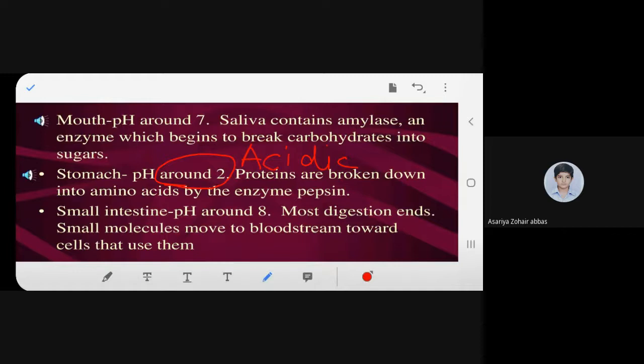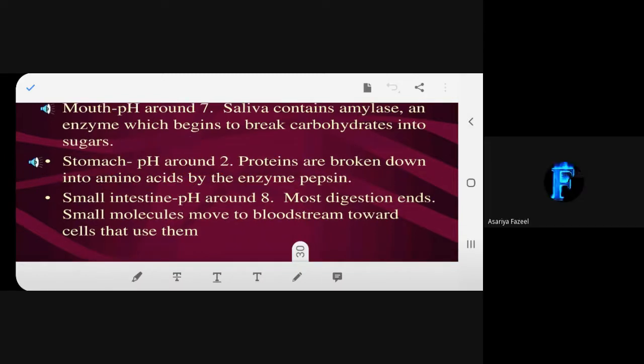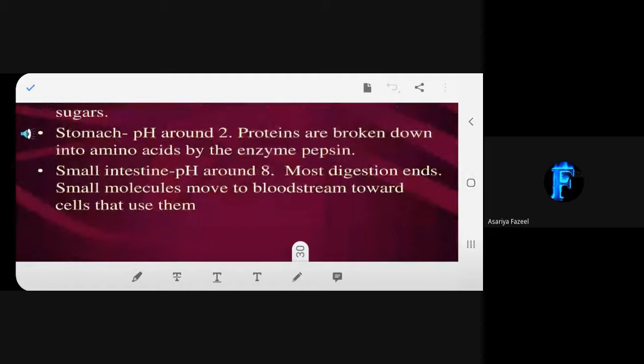Proteins are broken down into amino acids, and the chemical which is working is pepsin. Proteins, amino acids, pepsin, all P. The protein is complex, the amino acid is simple. Which enzyme is working on it? Pepsin. Any problem? Okay, now we come to the small intestine.